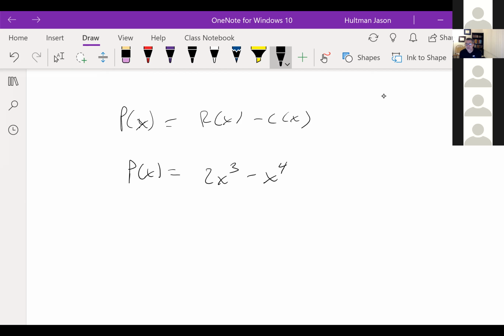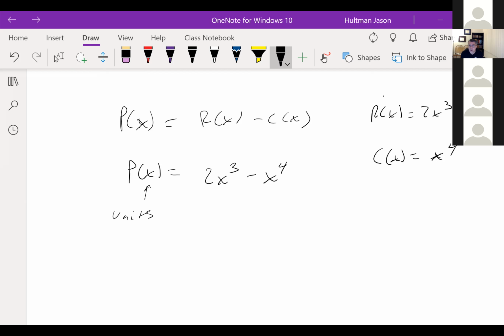Let's say that that's my profit function, right? Say the revenue function is R of x equal to 2x cubed and the cost is equal to x to the fourth. And I want to know for how many units am I going to maximize my profit? Does that make sense?